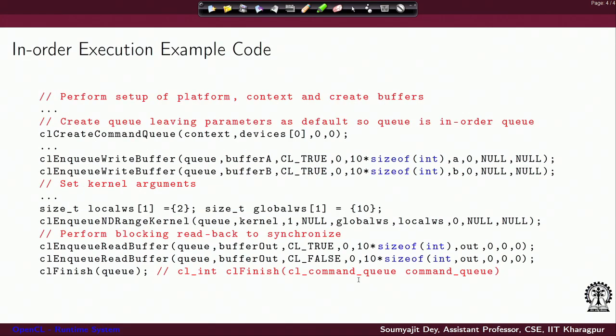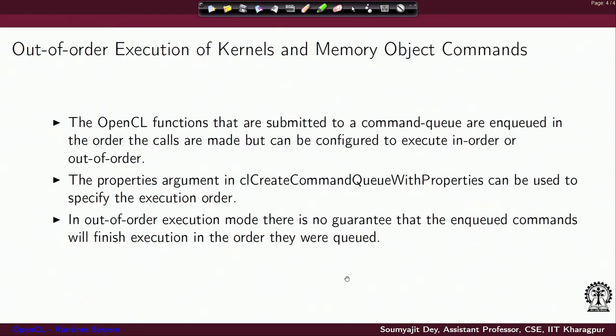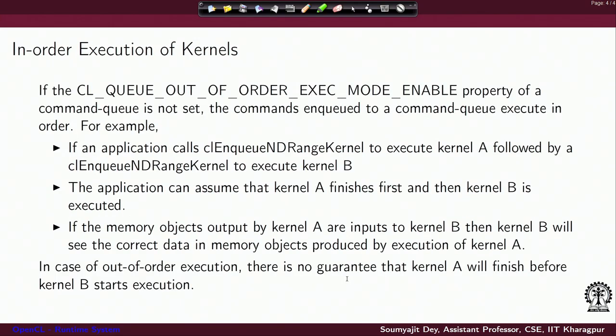So this is the way you will ideally write the program in case you have a simple in-order code. Just to summarize, you have a normal in-order execution of kernel.